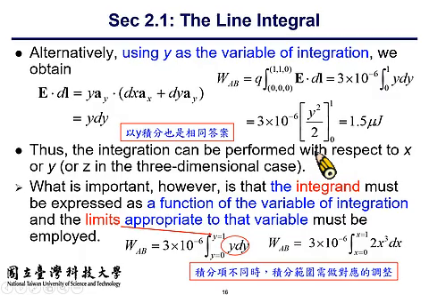So here you have the scalar product as y dy, because the electrical field is actually determined in terms of y. If you carry out this integration, it seems a little bit easier, but the solution is 1.5 microjoule as well. So you can carry out the integration using x or y as you wish. Right?